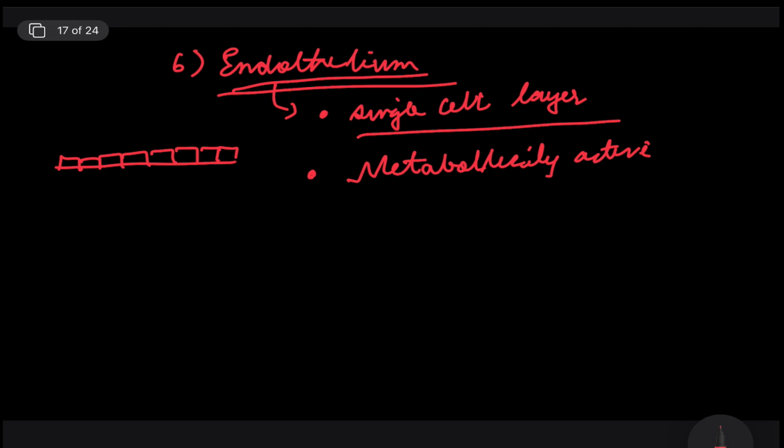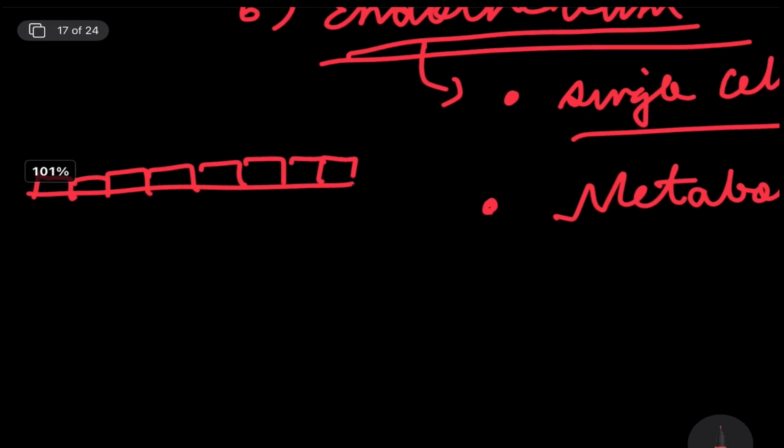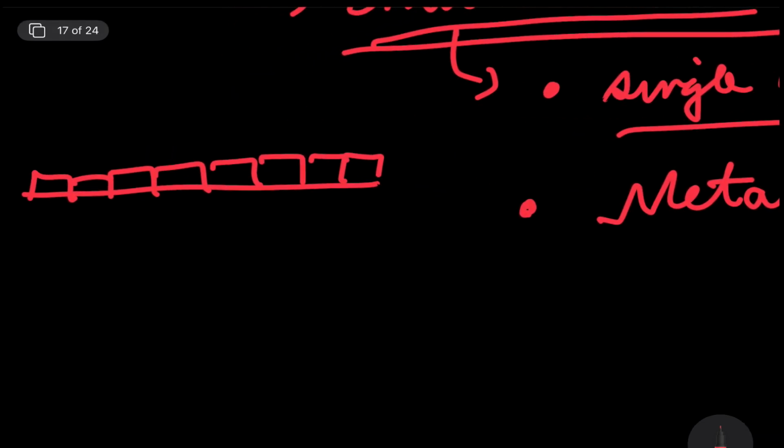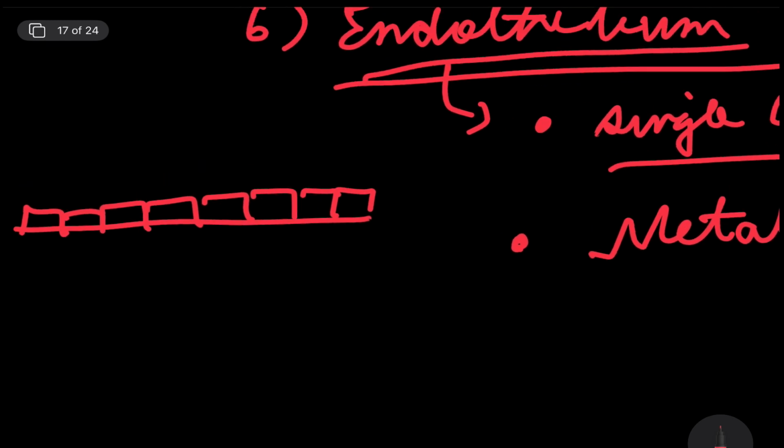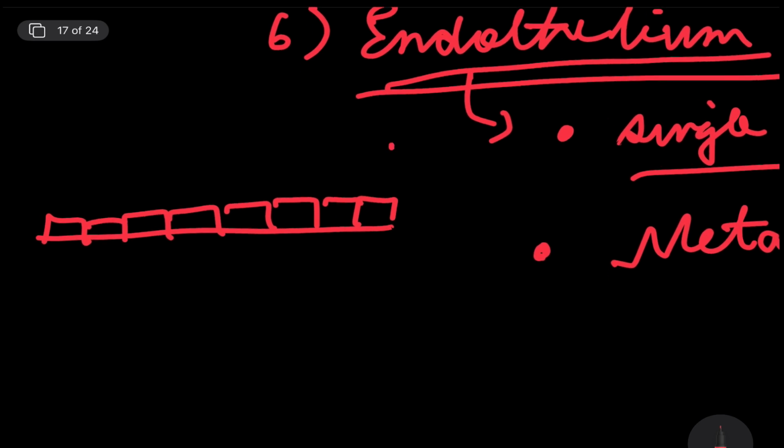If I zoom in over here, you can see what is just below the endothelium. Remember, this over here is the anterior part, this is the posterior part. So anteriorly we have the rest of the layers of the cornea.